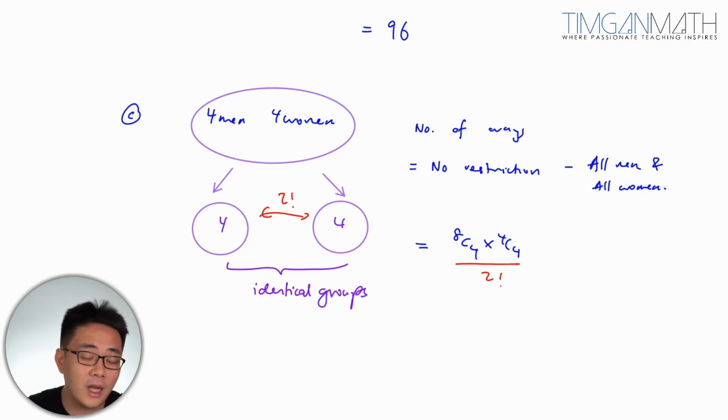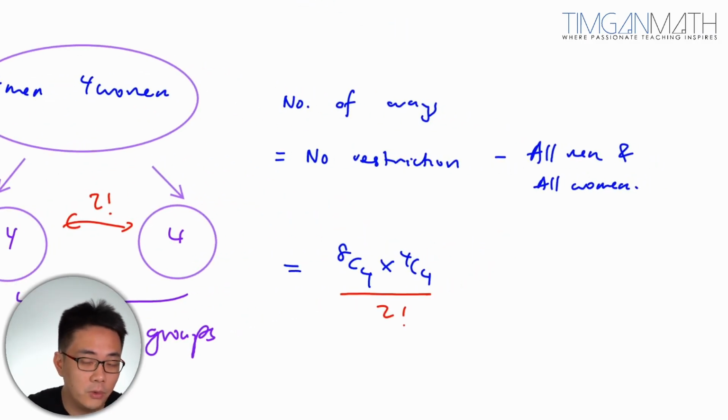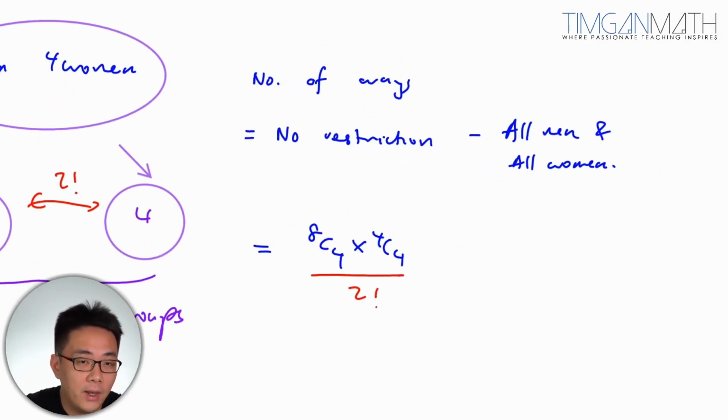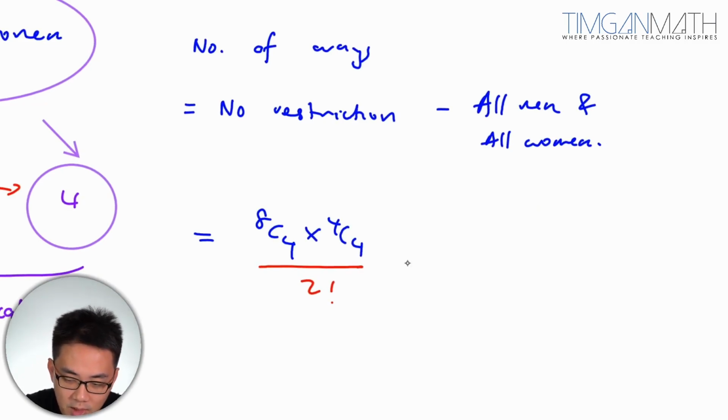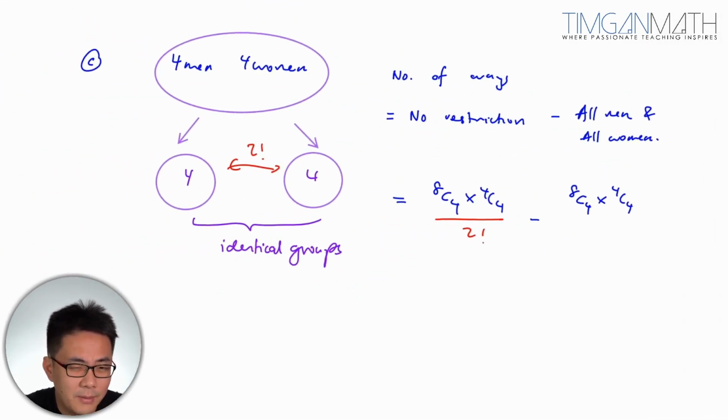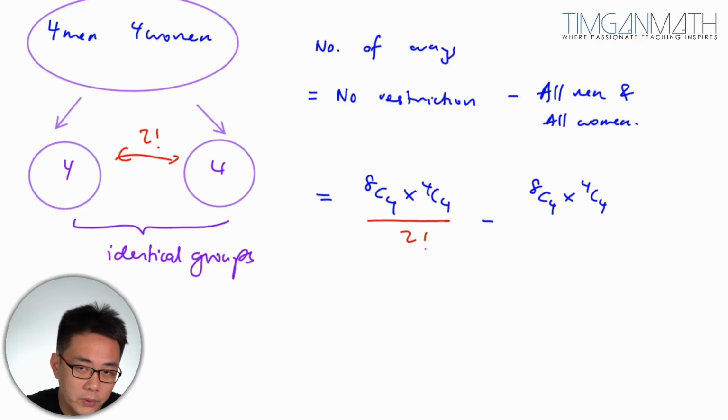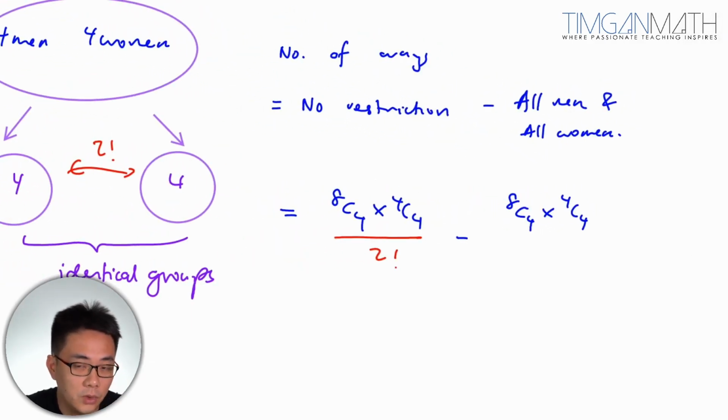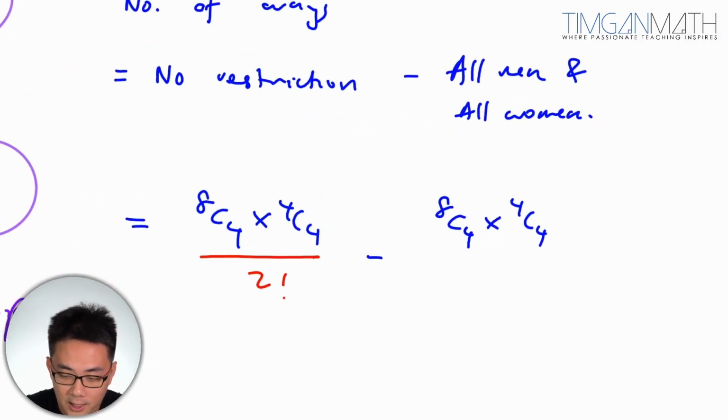I've gone through this many times. Okay, now all men and all women group, that will be pretty interesting. So what you need to do is just 8 choose 4 for the first group, then afterwards 4 choose 4 for the second group. Okay, now sometimes students ask, how come we don't need to divide by 2 factorial?